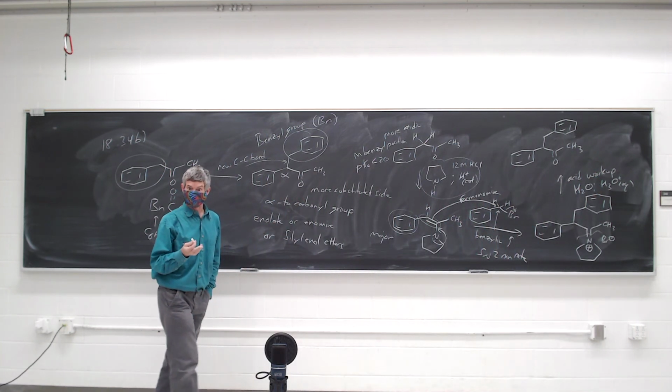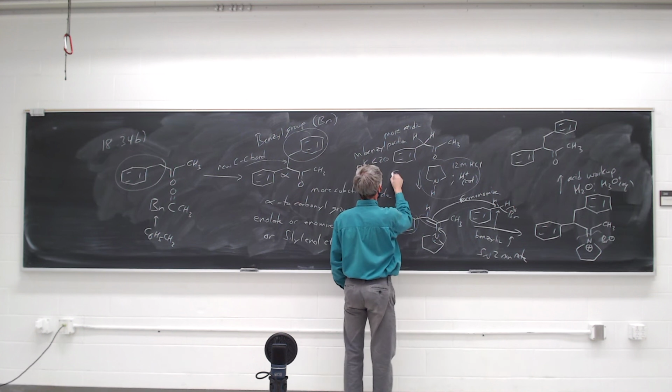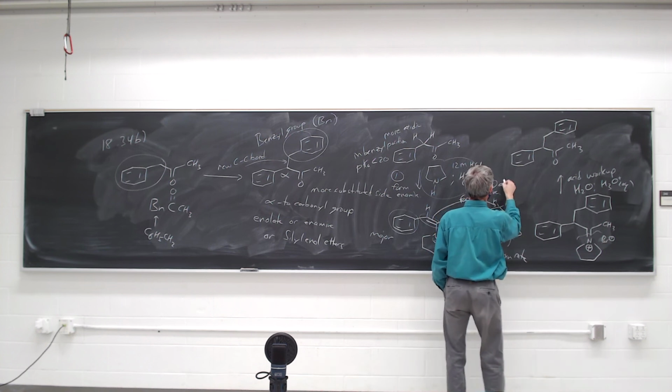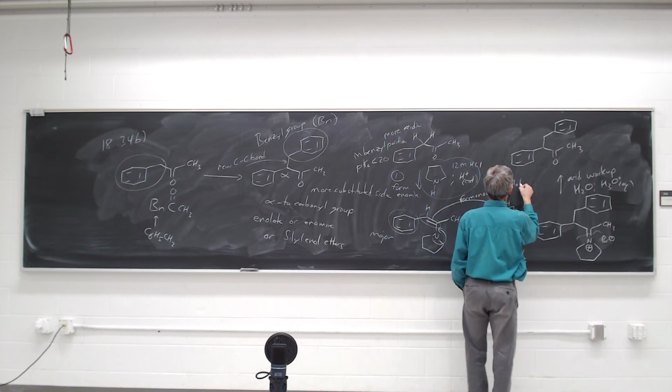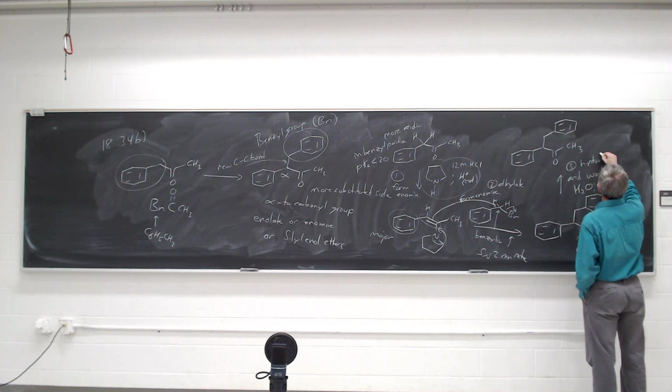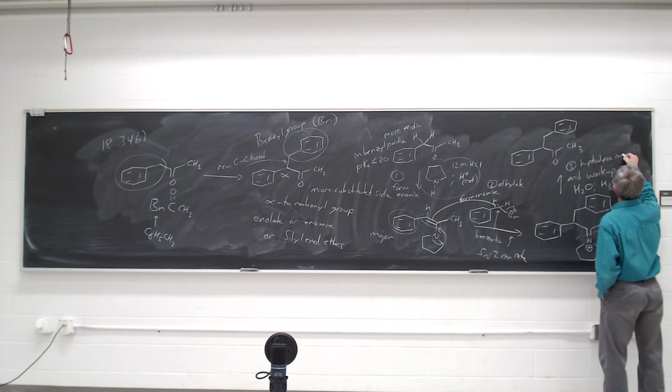So in this case, we're just working with 3 steps. Form the enamine, alkylate, and then hydrolyze the iminium salt.